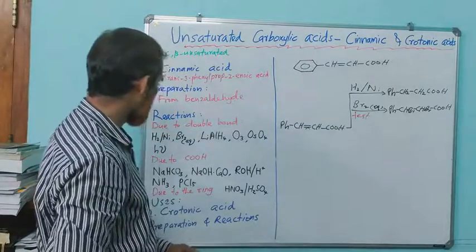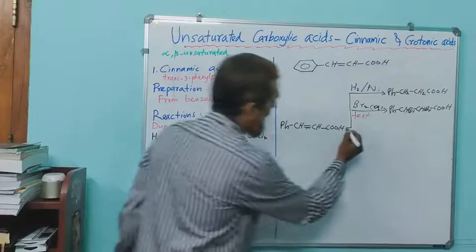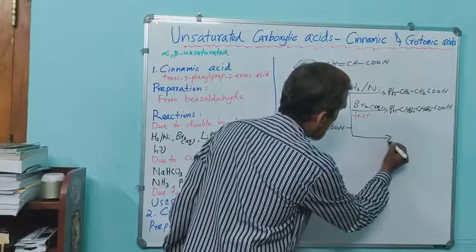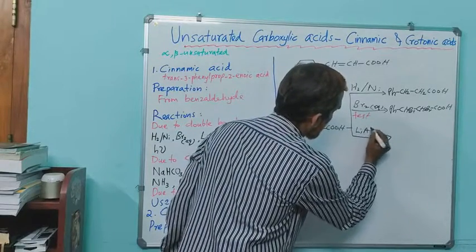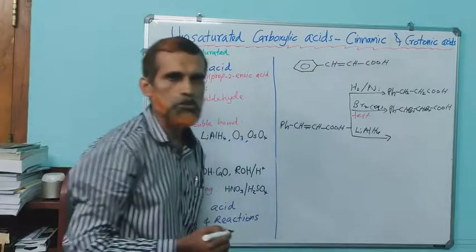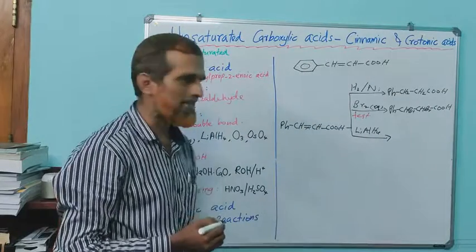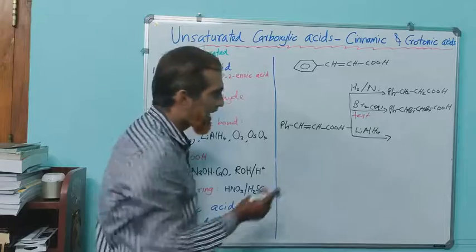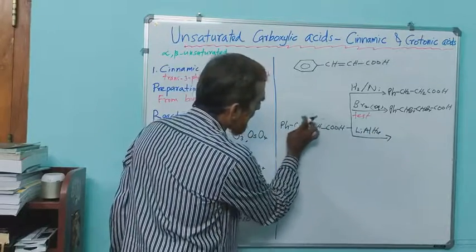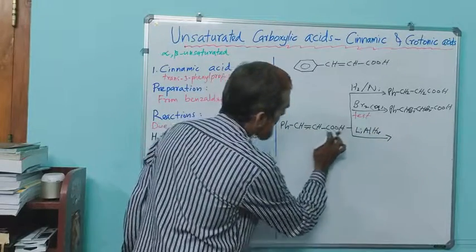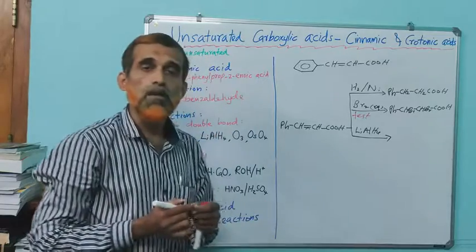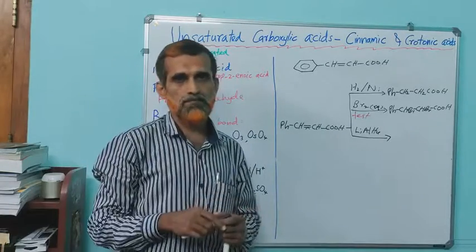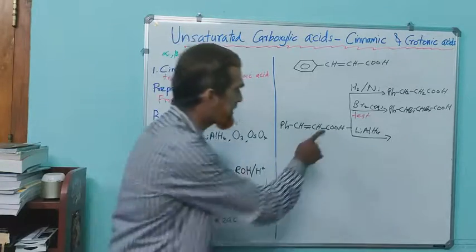Coming to the next one, treating with lithium aluminum hydride. That is a very strong, powerful organic reducing agent. What happens, you know? This will reduce both the double bond as well as the carboxylic acid group. What is the product on reducing carboxylic acid?